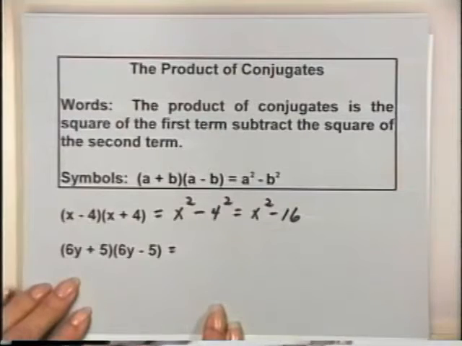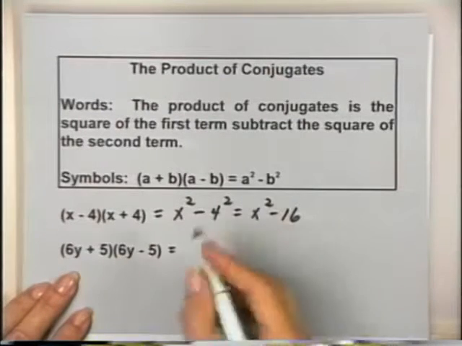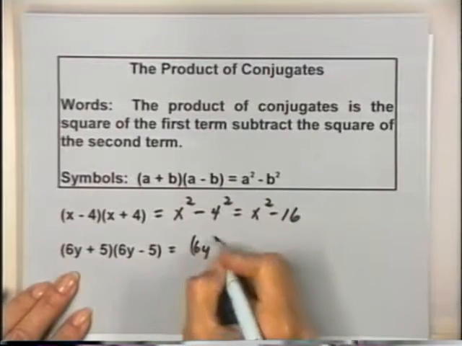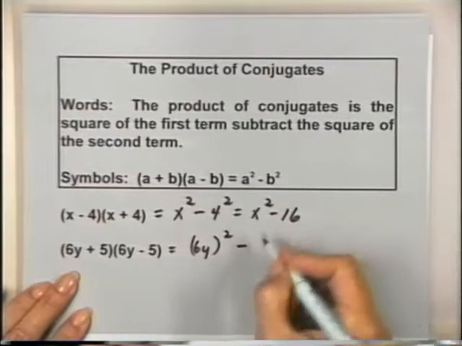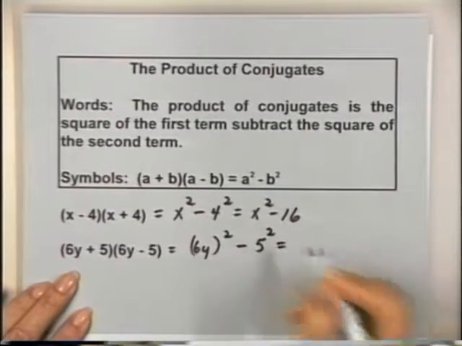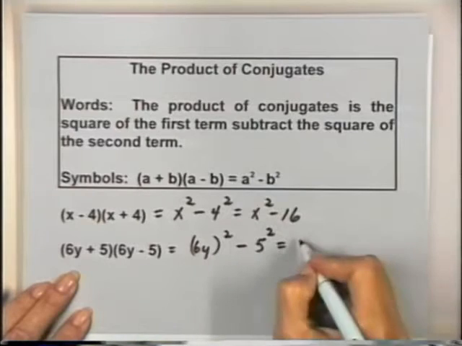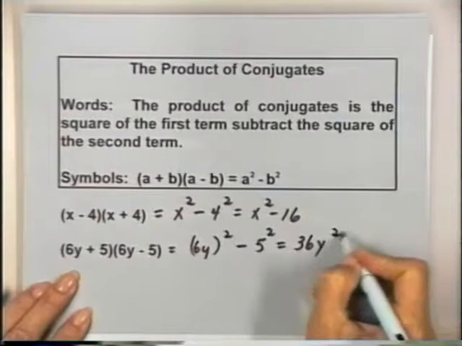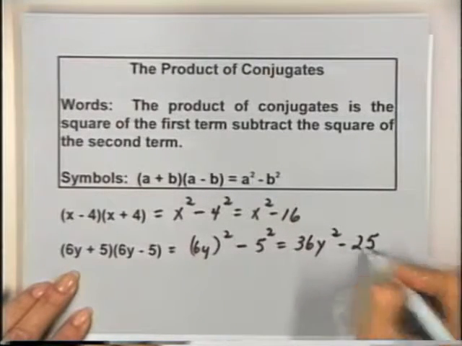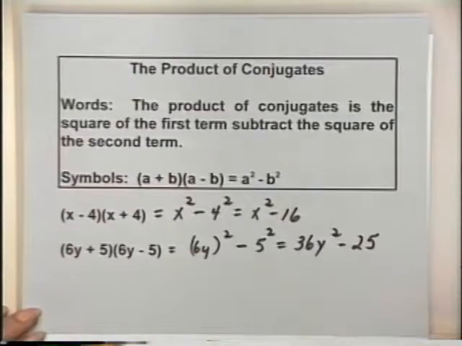For the other problem, we will square the first term, 6y squared, subtract 5 squared. 6y squared is 36y squared, subtract 25.